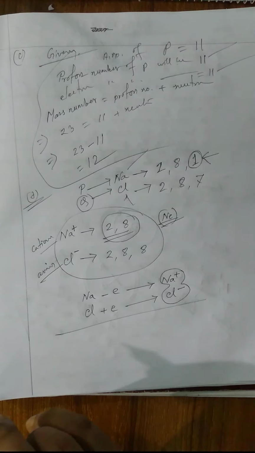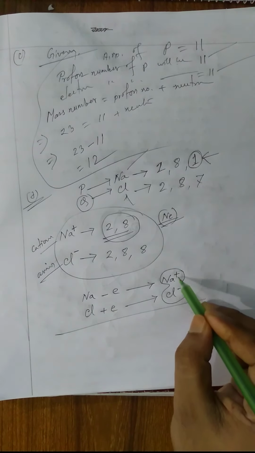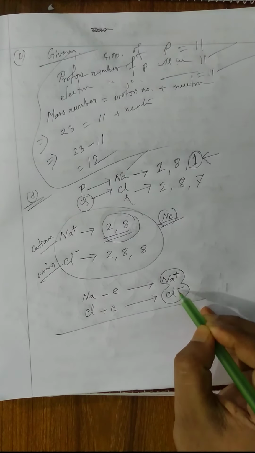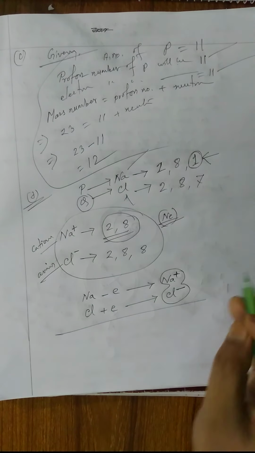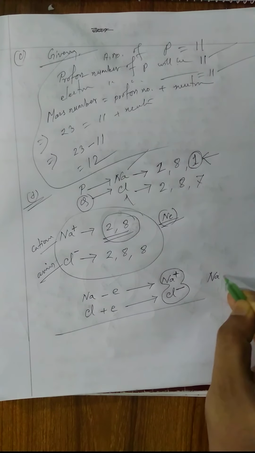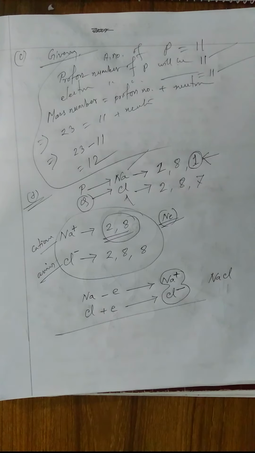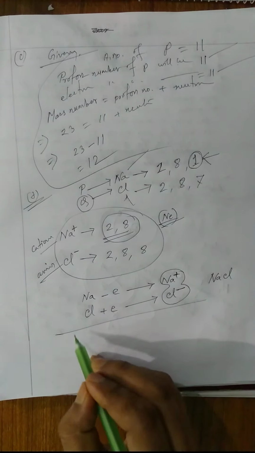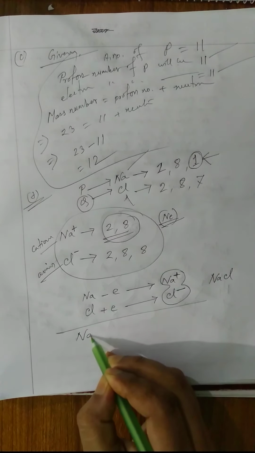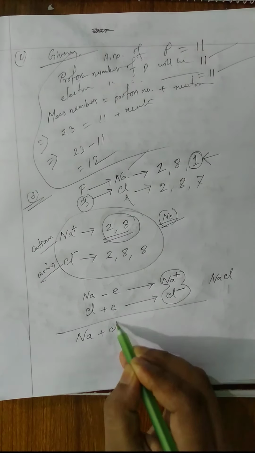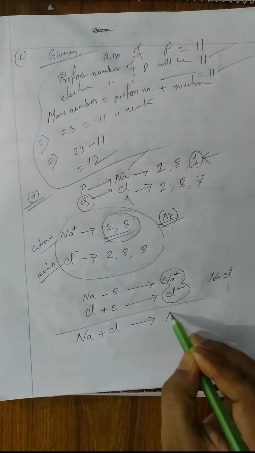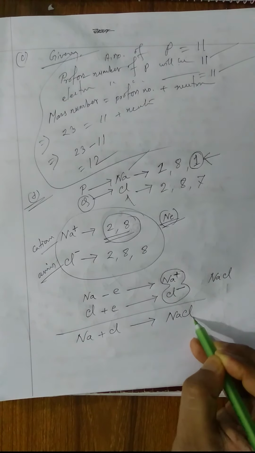By this force, Na plus and Cl minus, the NaCl compound is formed, which is an ionic compound. So the equation is that sodium plus chlorine gives NaCl.